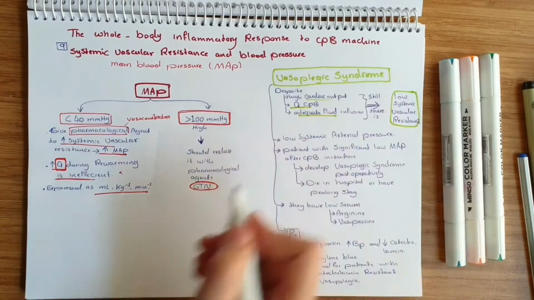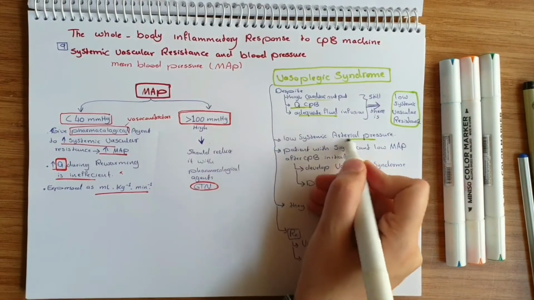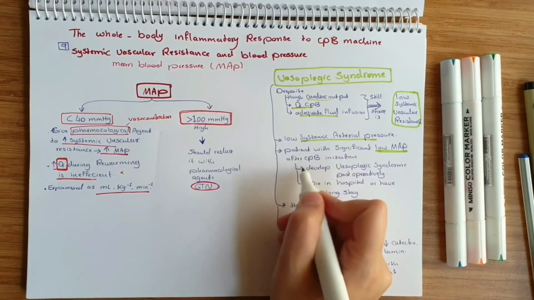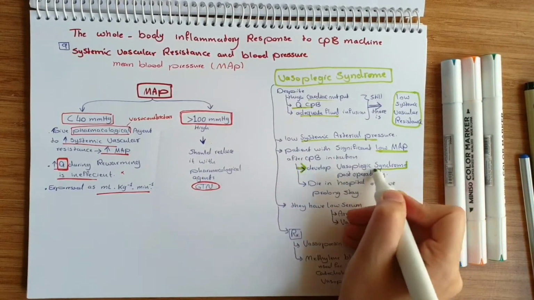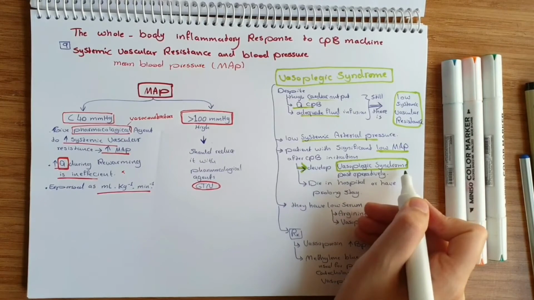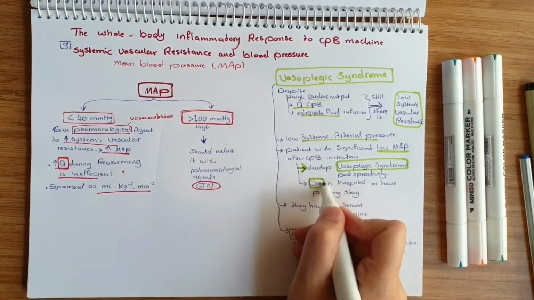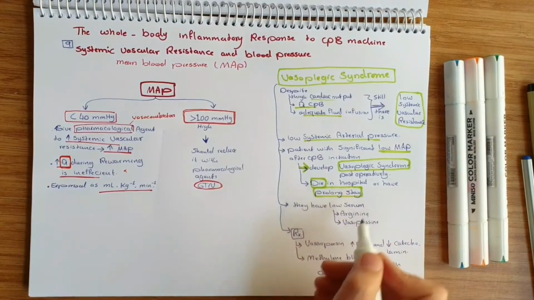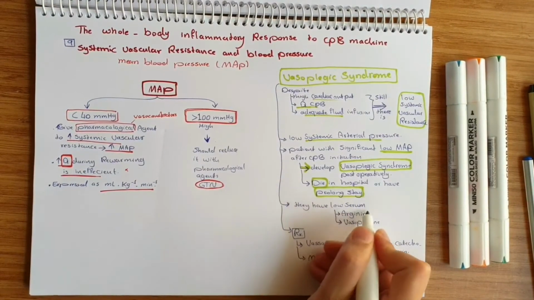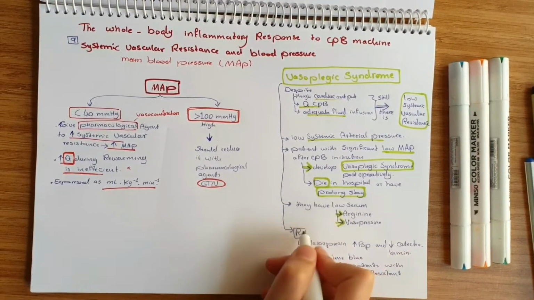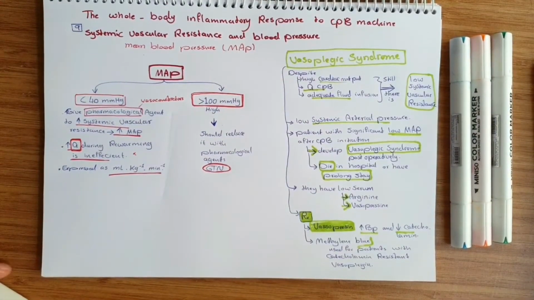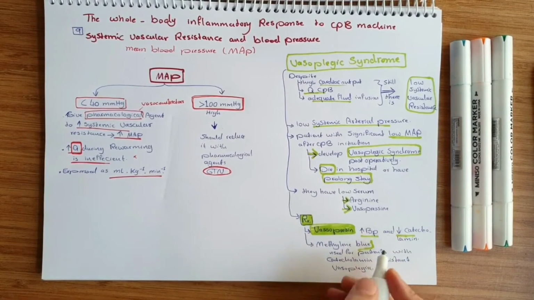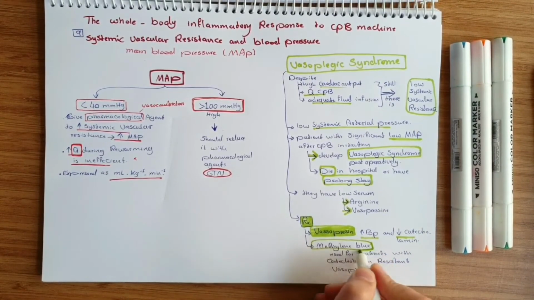Now we have the vasoplegic syndrome. Despite high cardiac output and adequate Q during the cardiopulmonary bypass machine and adequate fluid perfusion, still there is low systemic vascular resistance. So that means low systemic arterial pressure, and patients with significantly low MAP after cardiopulmonary bypass initiation are at risk for developing vasoplegic syndrome, dying in the hospital, or prolonged stay in the hospital.